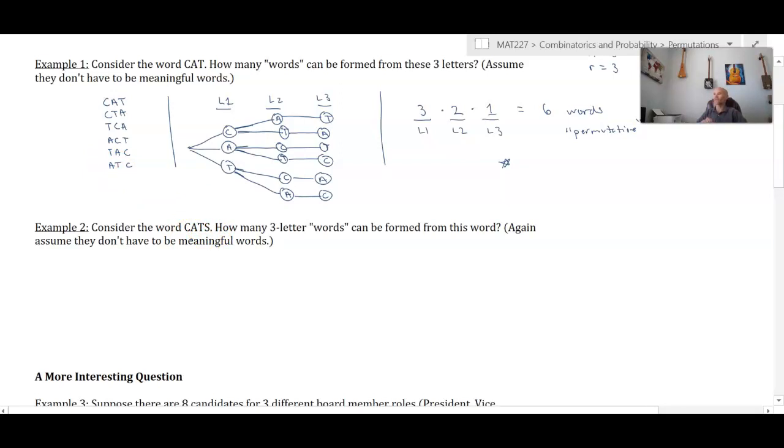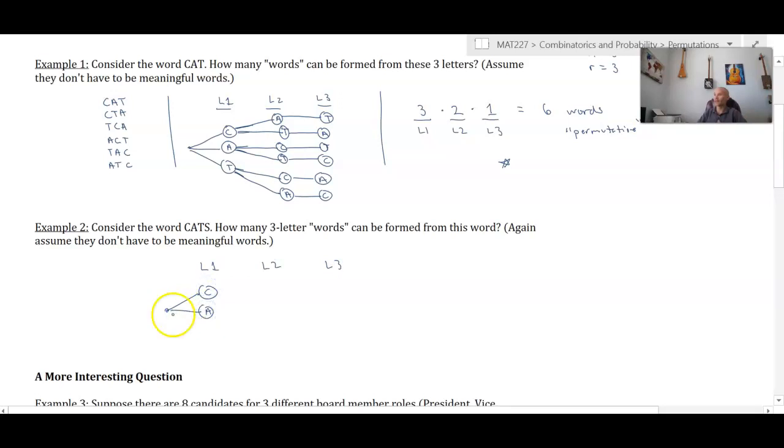But then now we have to look at all the possible words that we can form with one of them being an S. And we're not going to go ahead and begin listing them out, but you can kind of imagine the only difference here is for letter 1, there are now 4 possibilities.